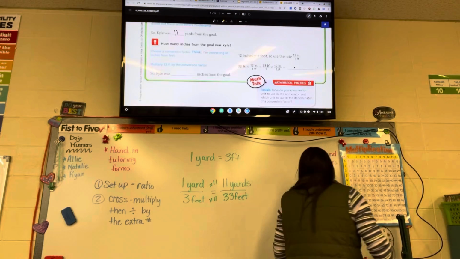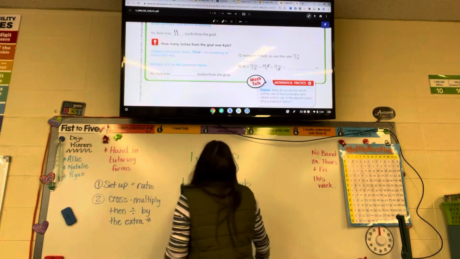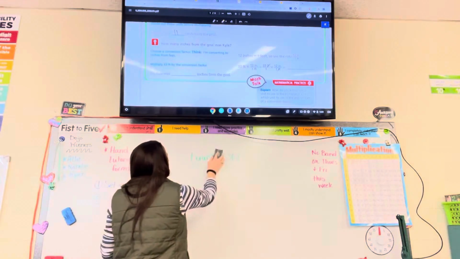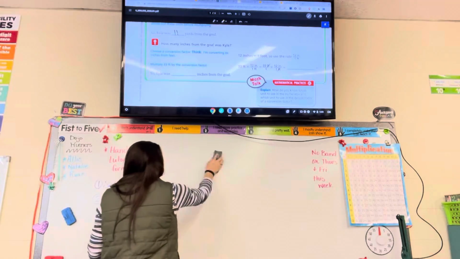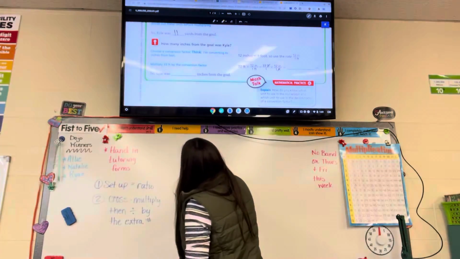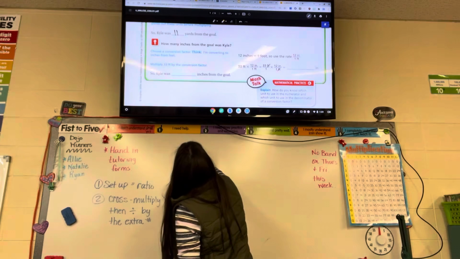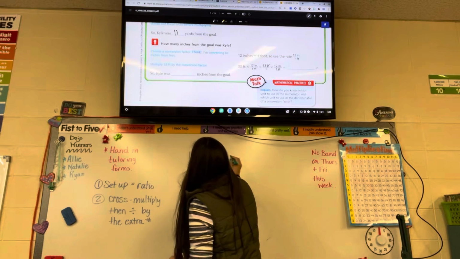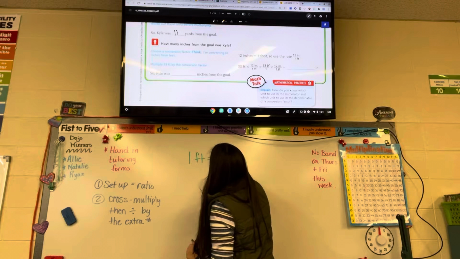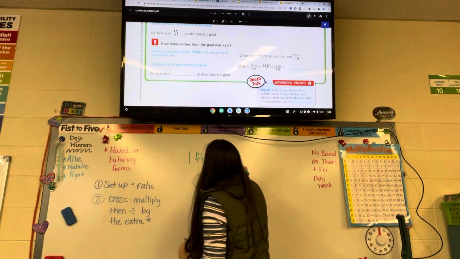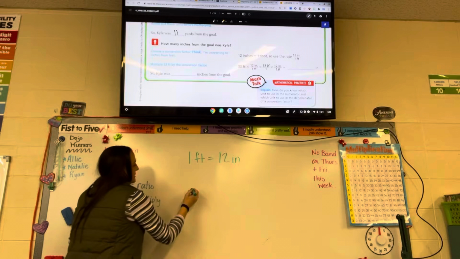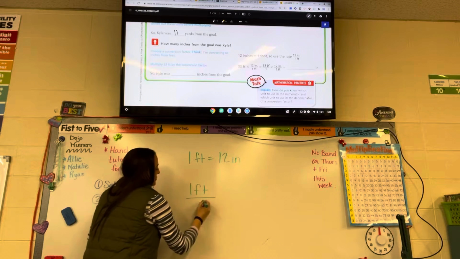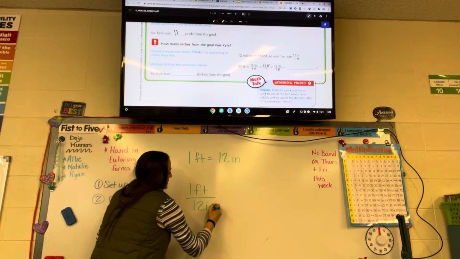Okay. How many inches from the goal was he? Okay, so we need to know, 1 foot equals how many inches? 12 inches. And so we can set that up as a ratio. 1 foot equals 12 inches.